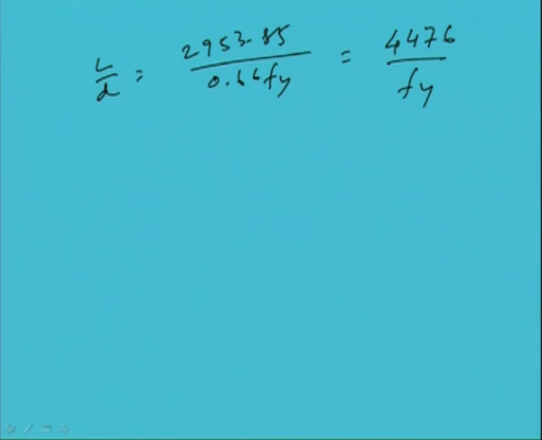So, for this particular case, L by D is becoming 4476 by Fy. We can limit the values in this way. Which case are we limiting? That is the simply supported beam having UDL load.